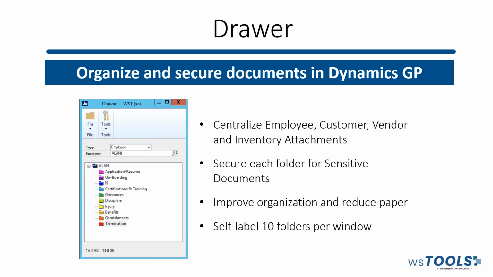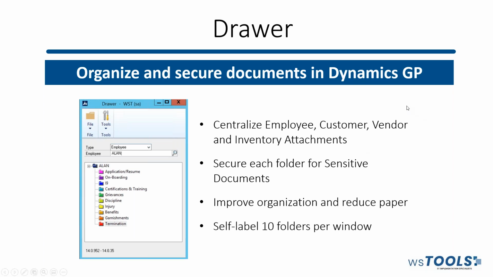It does this by securing them, giving you flexibility to organize even the most sensitive attachments in GP, and you can have up to 10 folders for each of those 4 modules and customize the security for them down to the user level, so users can access only the attachments to which their role has been assigned. So for example, in this screenshot here, you could have access maybe to grievances and injury, and I have access to termination or something like that. Whatever is needed can be set up.